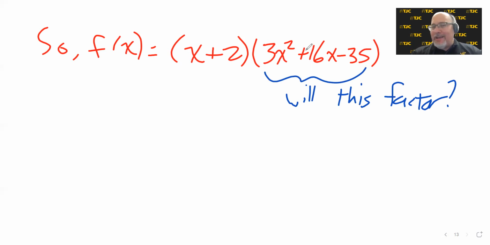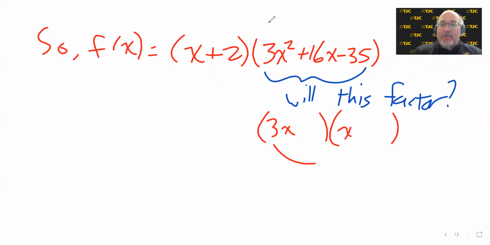Let's see, can I insta-factor this? So let me think about this for a second. I might be able to insta-factor this if it factors at all. I know it would have to be 3x and x in the first part because that would have to give me the 3x squared up front. So not many choices there. And the 35 only has a couple of ways I can break down. I can break it down into 1 times 35 or 5 times 7.